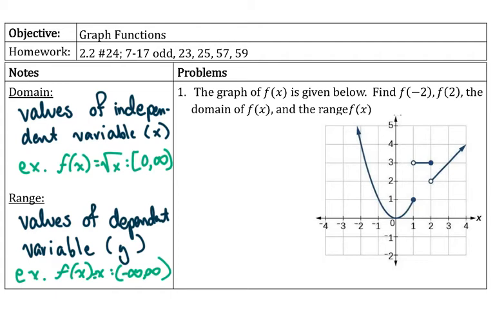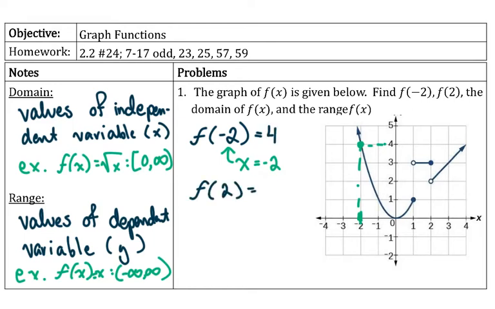So I'm going to start with f of negative 2. What this means here is that x is equal to negative 2, so then the question becomes, what is the function equal? Well, negative 2 is right here. So if I look at what the function equals, that's 4. So f of negative 2 is 4.